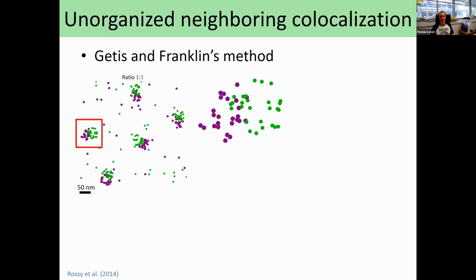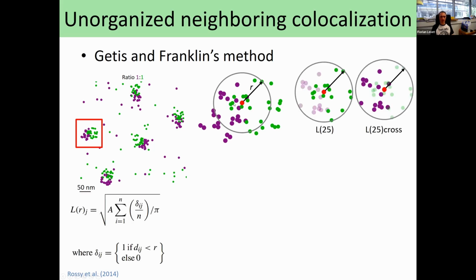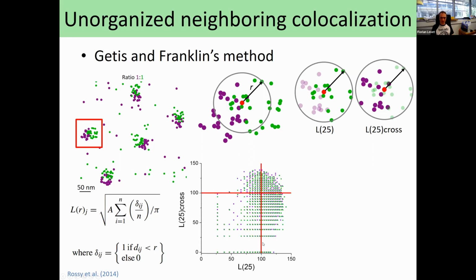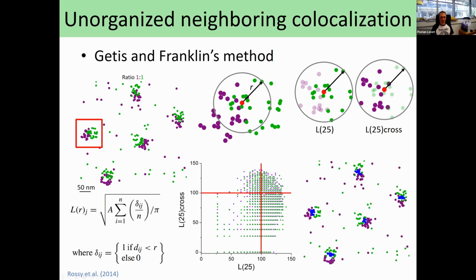So for the unorganized neighboring technique, there is, for instance, the Getis and Franklin method, which is pretty similar to K-Ripley, where you define a radius. You will compute some kind of density based on this equation in your color and in the other color. Then you will do a scatter plot and you will apply a threshold in order to find the colocalized region.